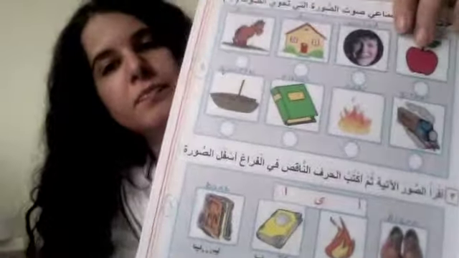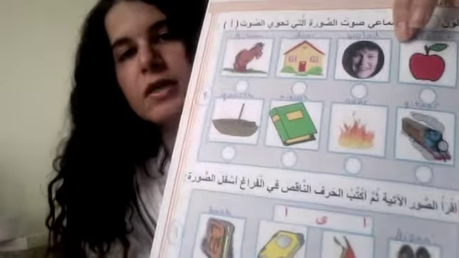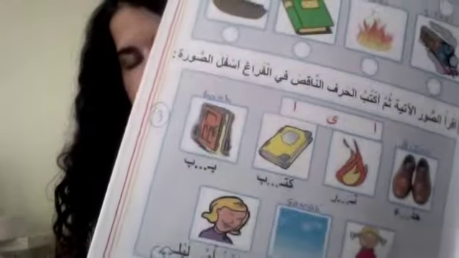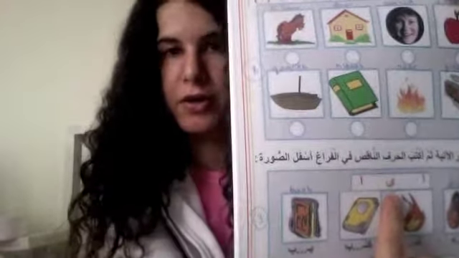All right, moving on. Next exercise. This one down here. Meaning, just fill in the blanks. Fill in the blanks with either alif or alif maksura. Now remember, alif maksura always comes at the end of the word.